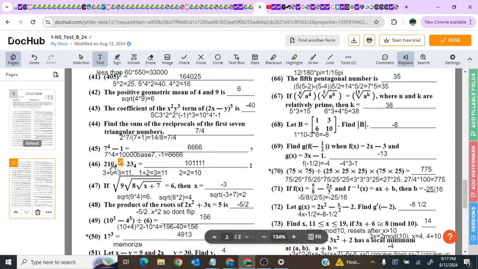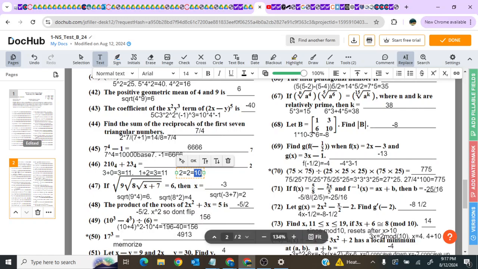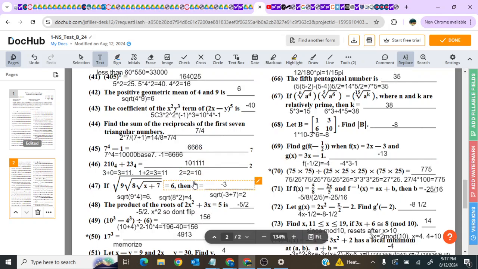And then you do the same thing with this 2 and this 1. So 2 plus 1 is 3. 3 is equal to 11 in base 2. And then finally, same thing for the 100s place, which is 2, which is 1, 0 in base 2. 2 times 1 plus 1 times 0. So write all that down and you'll get your answer.